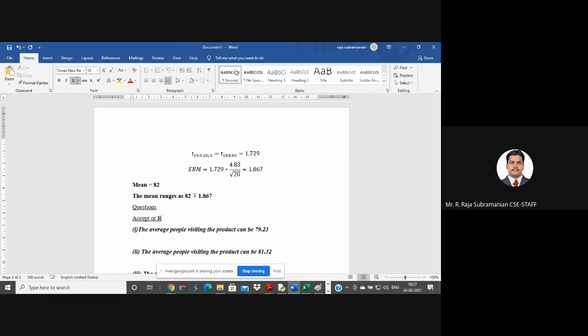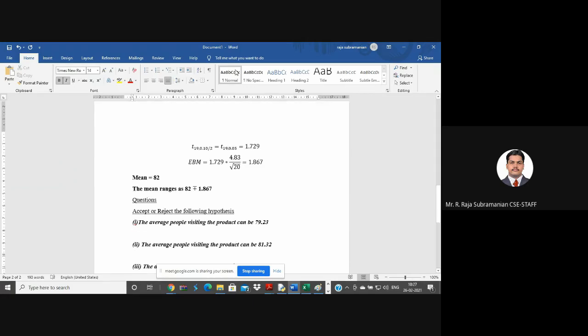Accept or reject the following hypothesis. The first hypothesis is some people are saying that average people visiting the product can be 79.23. Now you have found already the EBM value and you have said how the mean will range. Now will you accept this hypothesis or will you reject this hypothesis?